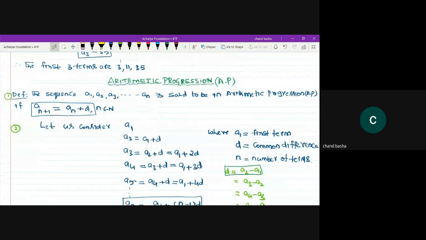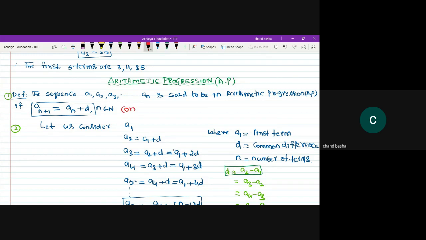That is A1 first term, A2 is A1 plus D, A3 is A1 plus 2D, A4 is A1 plus 3D, A5 is A1 plus 4D, or one fixed number should be added to the preceding value. So to get a sequence of numbers which are in AP, one constant value must be added to the preceding value.